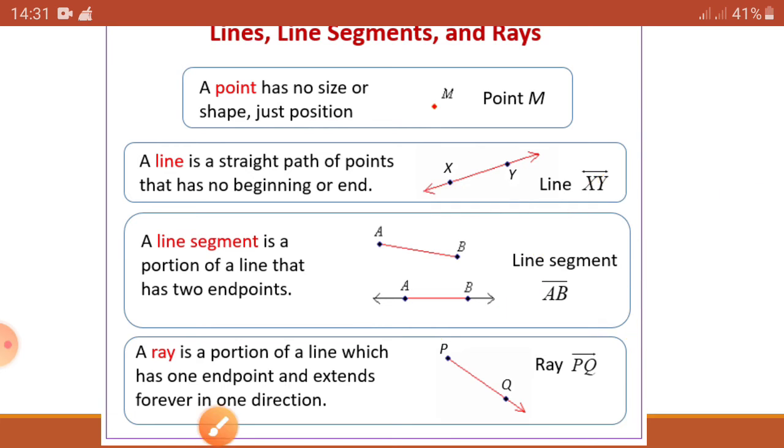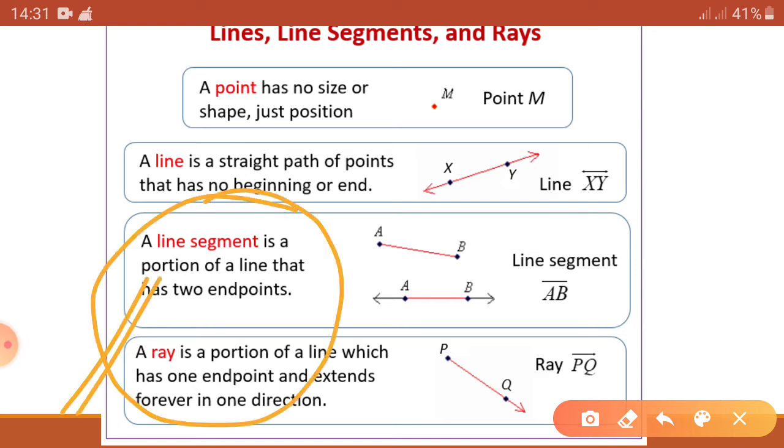Next part is, what is a ray? Actually a ray is a part of a line which has one endpoint and extends forever in one direction. So here is the difference between line segment and ray. A ray has one endpoint, but a line segment has two endpoints. And a ray can extend forever in one direction, but a line segment has no extension.